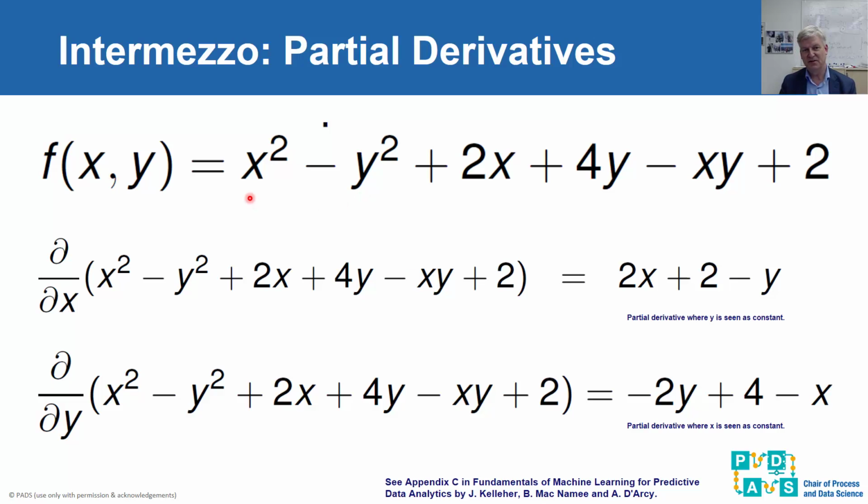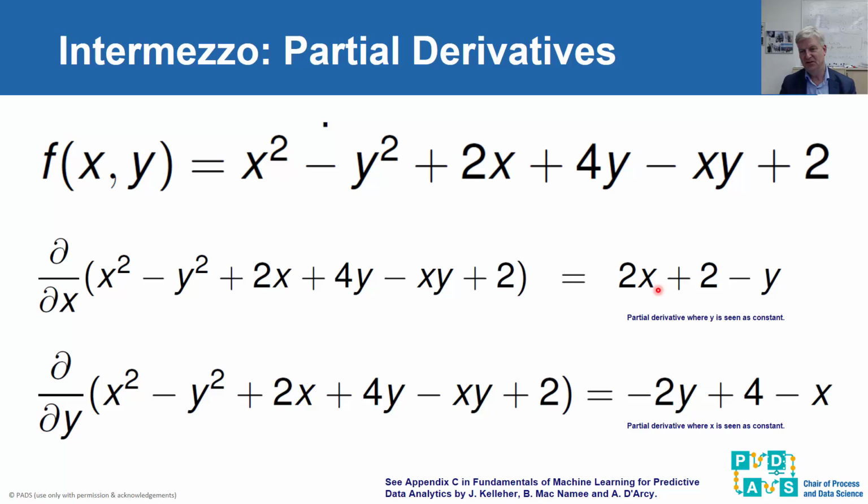Often we look at situations where we have multiple descriptive features, so of course we have multiple variables, and then we take partial derivatives. That basically means that we keep all of the variables constant except one, and this one we are varying. If we take the partial derivative using variable x, then this comes out.